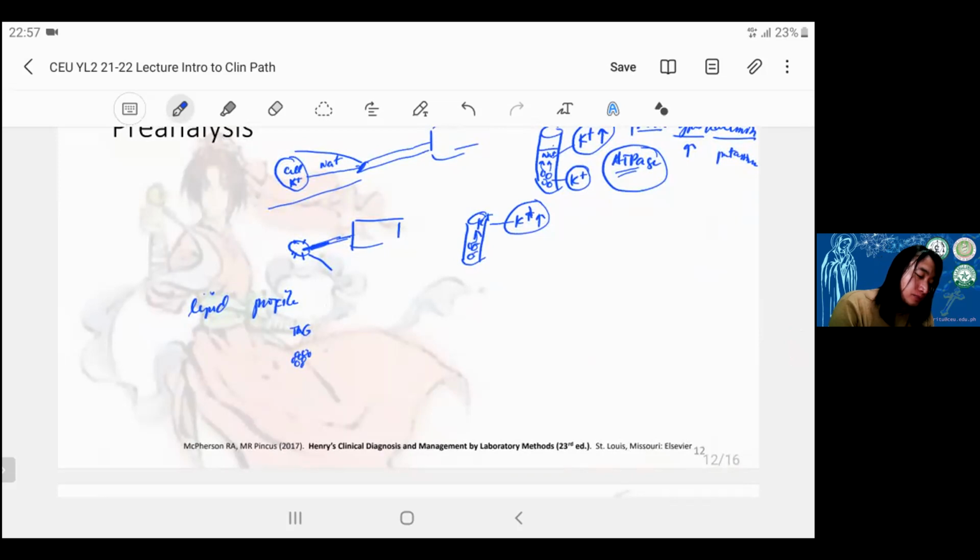And this will be absorbed by your intestine, and then packed into your lipoproteins.